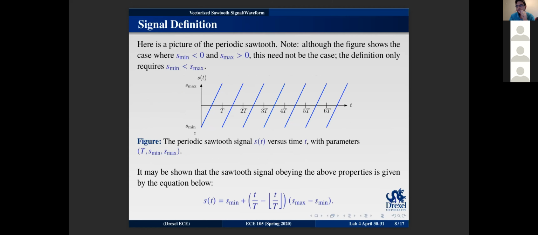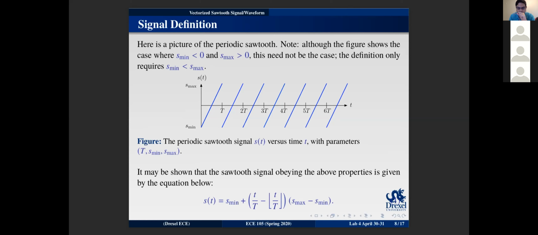We have a certain S min, a certain S max, and this is my signal versus time plot. If you take a look at the time period, it's all T. So this is one waveform. We start from here, go all the way to S max, and we drop all the way down here. Then we start from S min.